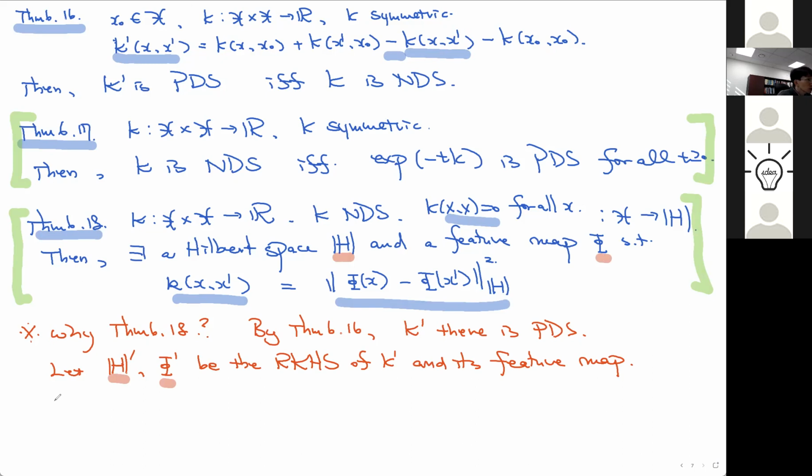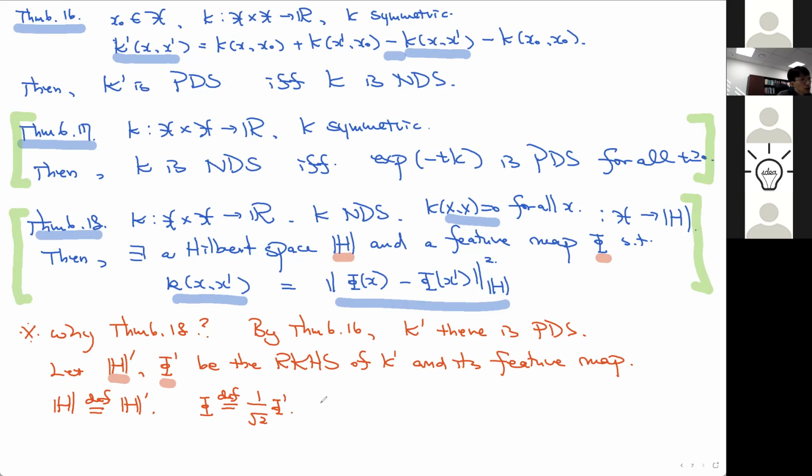So it turns out we can just set H to be the same as H prime. And then if you set B to be 1 over square root 2 times B prime.